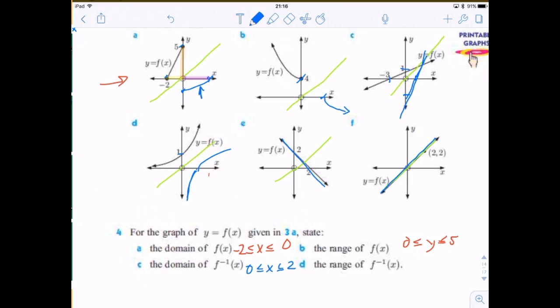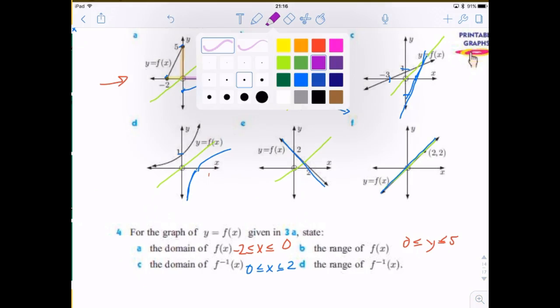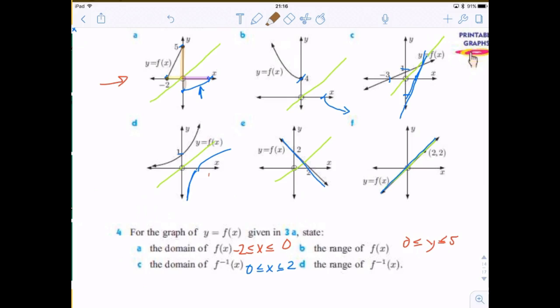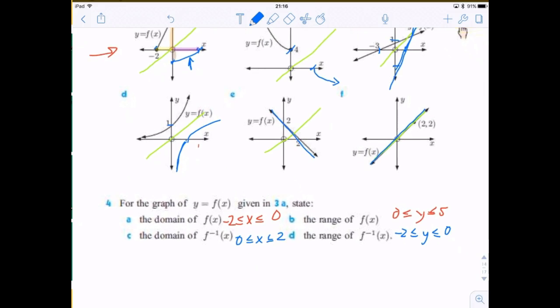And then the range of inverse of f of x would be, looks like, -2 to 0, right? Okay, and then if we look at what we put down here, look how -2, 0 matches up with -2, 0.